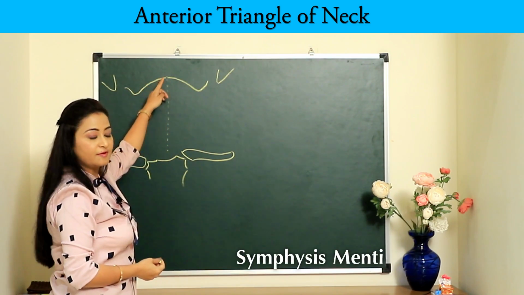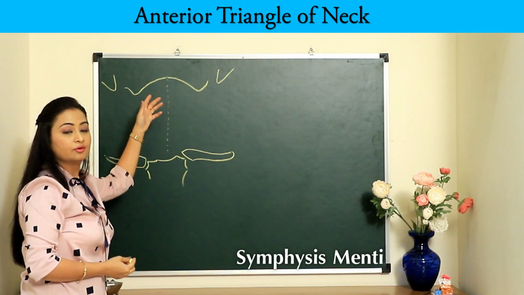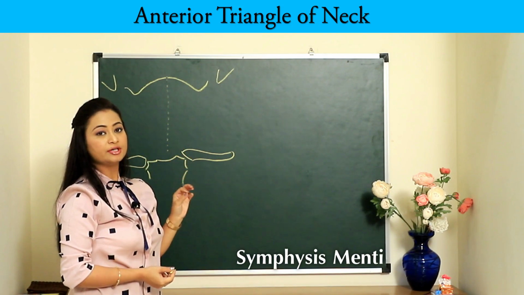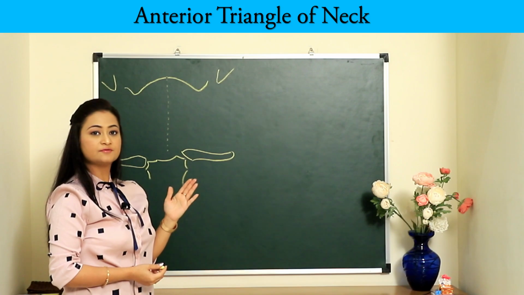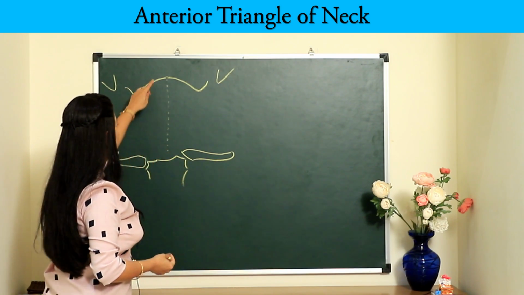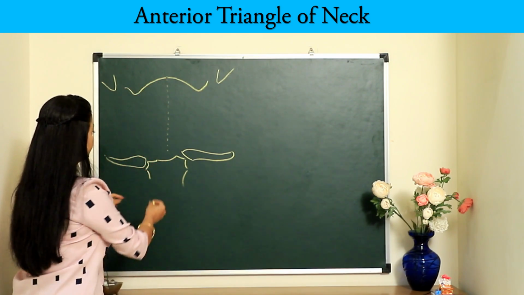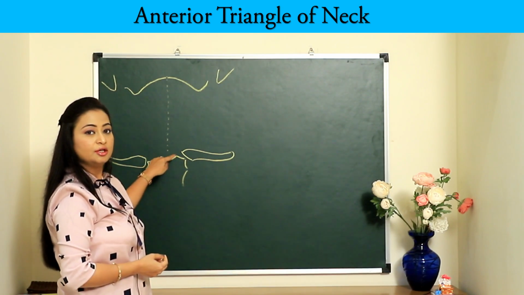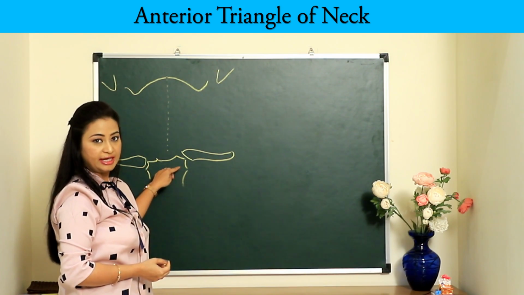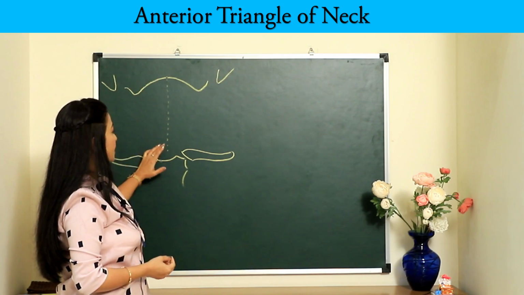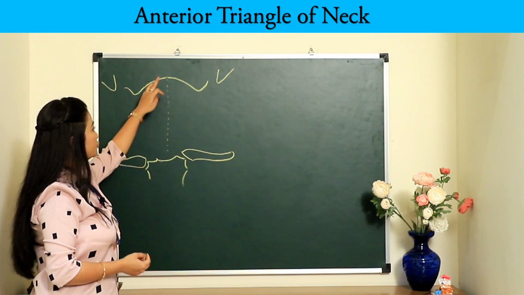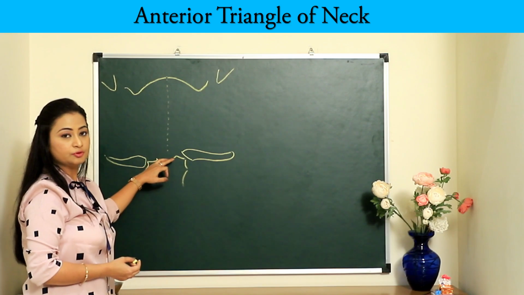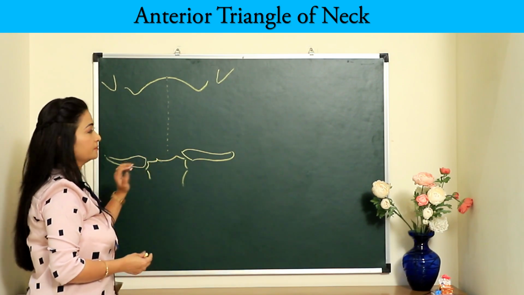This is the symphysis menti, which we all know is the midpoint fusion where both halves of the mandible meet. Now right below we have the suprasternal notch of the manubrium sterni, which is the lowermost bony point of the neck. So basically your neck anteriorly extends from the symphysis menti right up to the suprasternal notch.